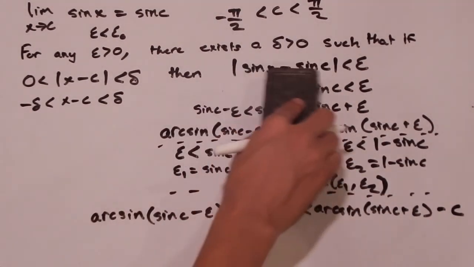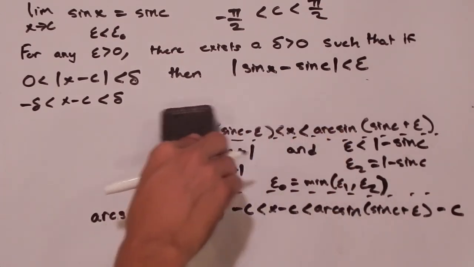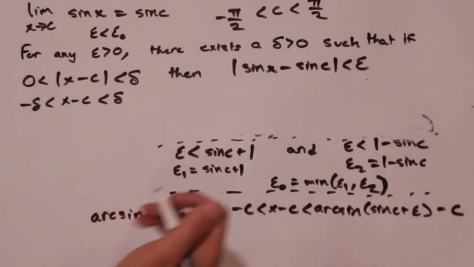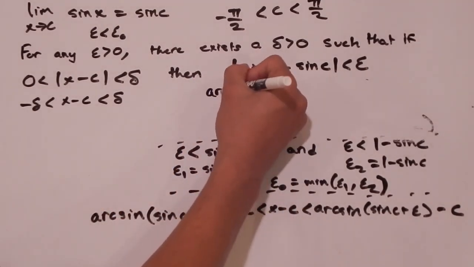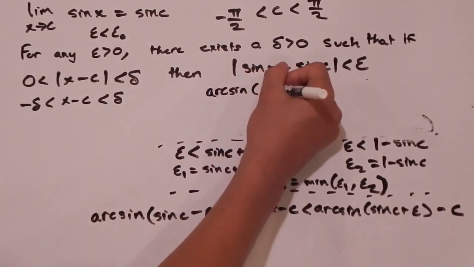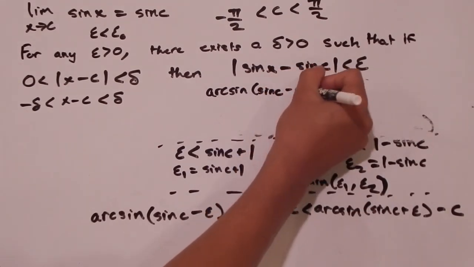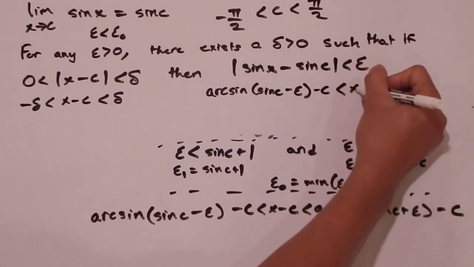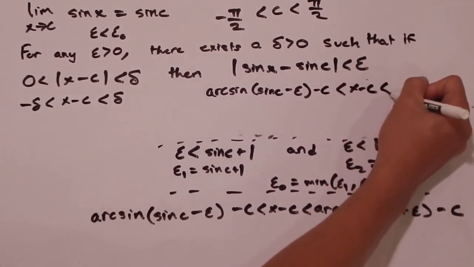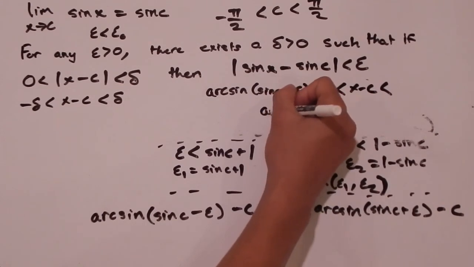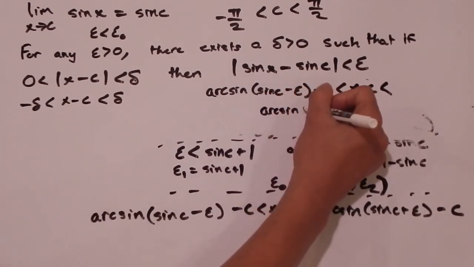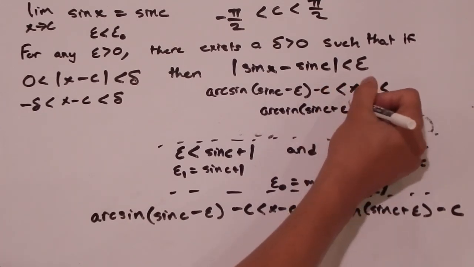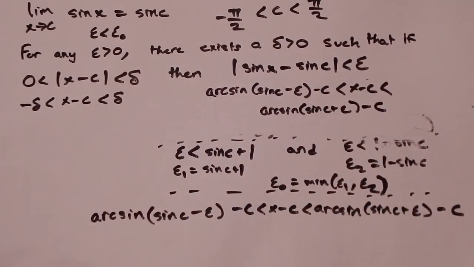And I'm going to go ahead and erase what's up here and write that final expression that we just got right over here. That arcsine of sine of c minus epsilon, minus c, is going to have to be less than x minus c. It has to be less than the arcsine of sine of c plus epsilon, minus c.